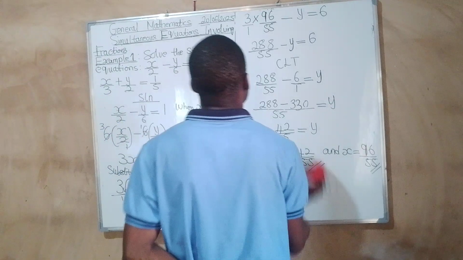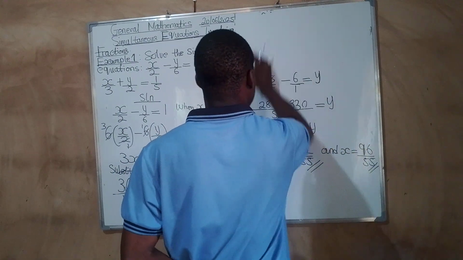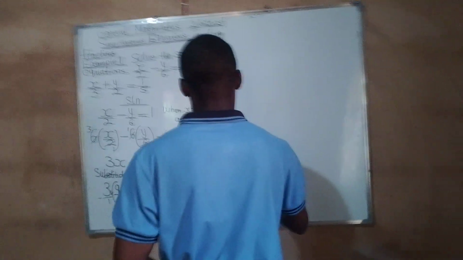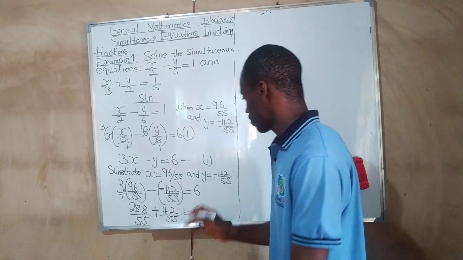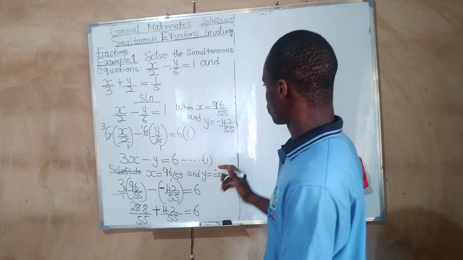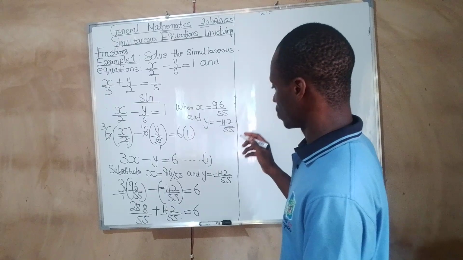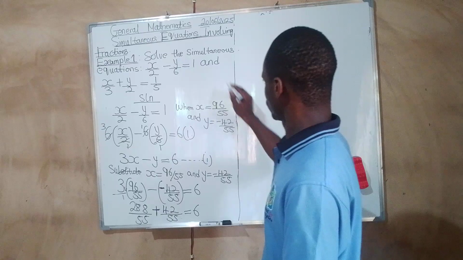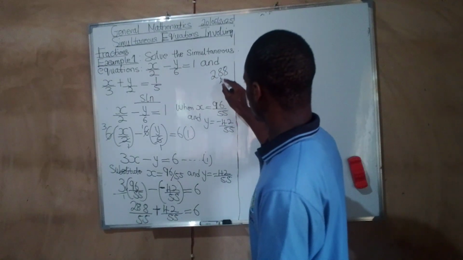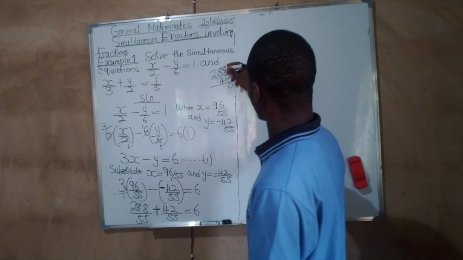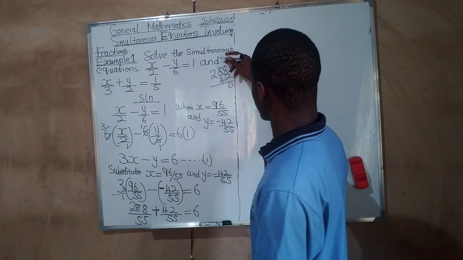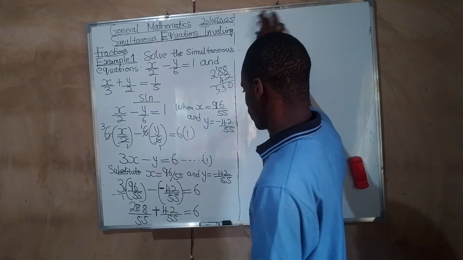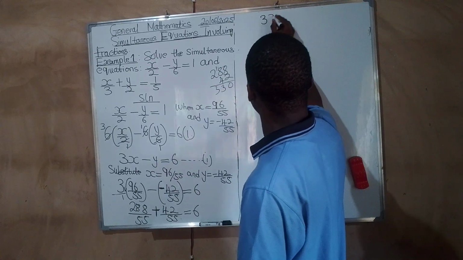Alright, let's see if it is definitely going to give us 6 equals 6. Let us see if this is going to give us 6. 288 plus 42 should give us 330.